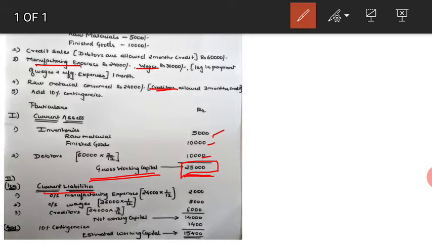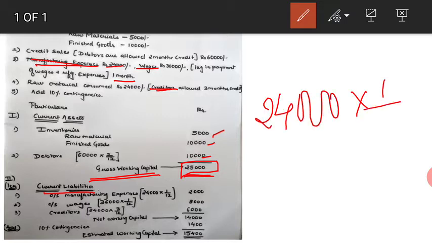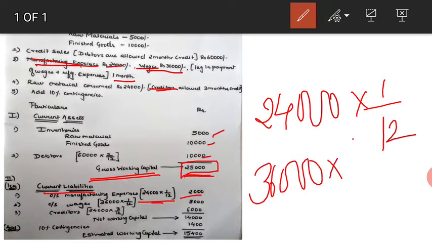So the first one is outstanding manufacturing expenses. Total is 24,000 and it is 1 month credit, so it is 24,000 into 1 divided by 12, which gives you 2,000. Similarly, for wages, the total is 36,000 and they are outstanding for 1 month, so 36,000 into 1 divided by 12 is 3,000.